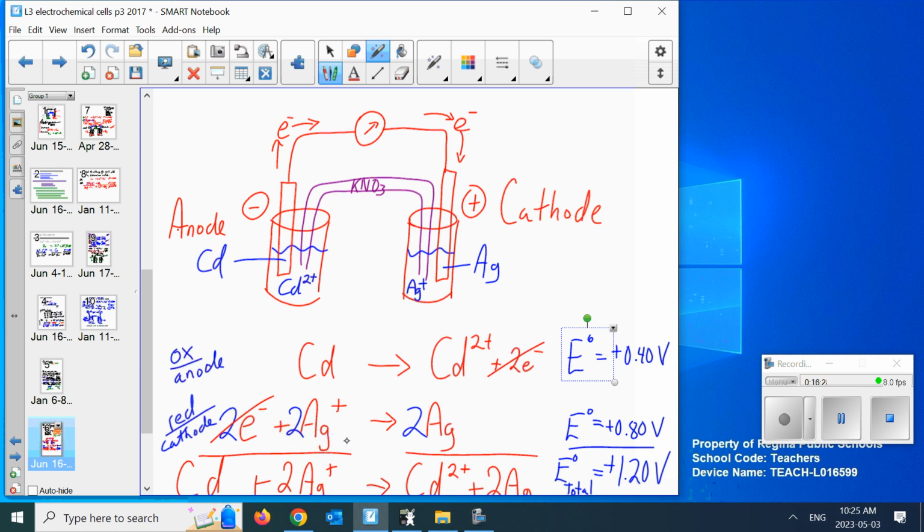The cadmium without the charge is the solid, the element, and the cadmium ion is matched with another anion, but it's a spectator ion, so it simplifies. So that's the kind of thing we're going to have to look at.